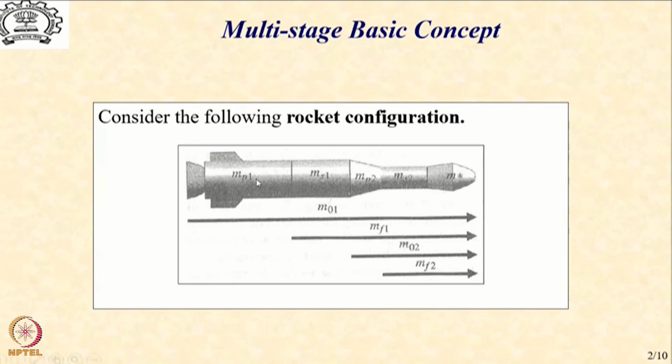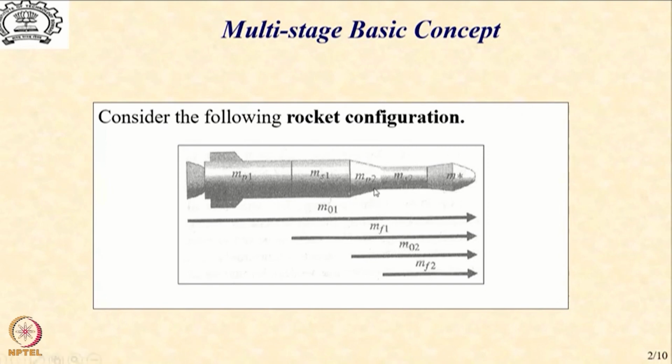Now, within each of the stages, it is further subdivided into two parts, the propulsion and the remaining structure. So we have MP1 and MS1. Similarly, we have MP2 and MS2.